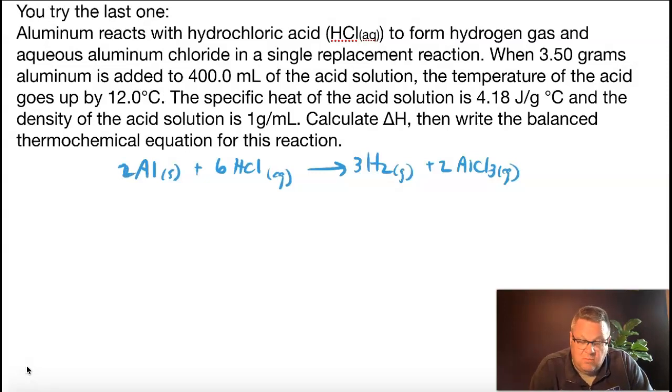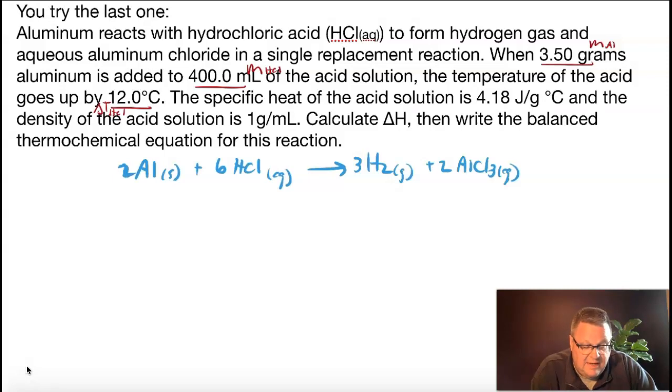When I read the numbers in the word problem, I can see the mass of the aluminum, the mass of the HCl, 400.0 grams, and the temperature of the HCl goes up by 12 degrees.